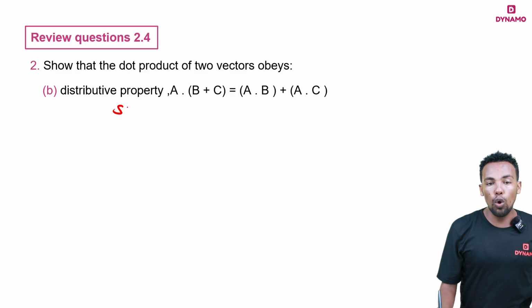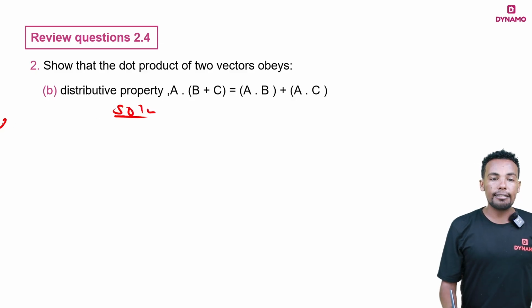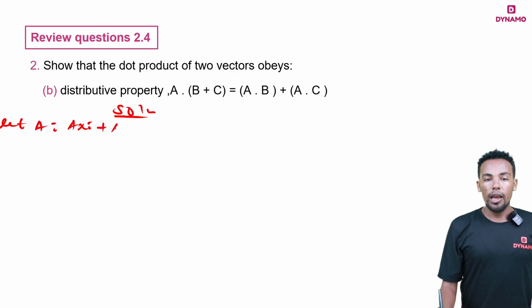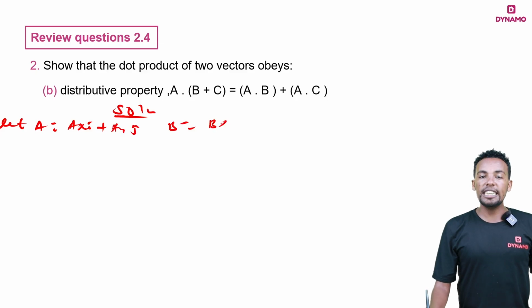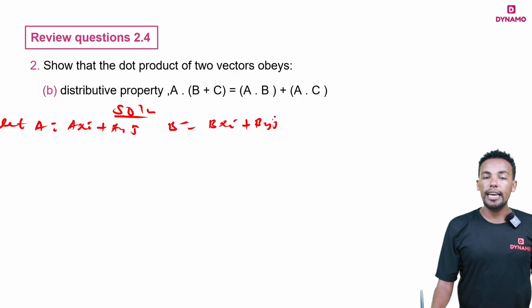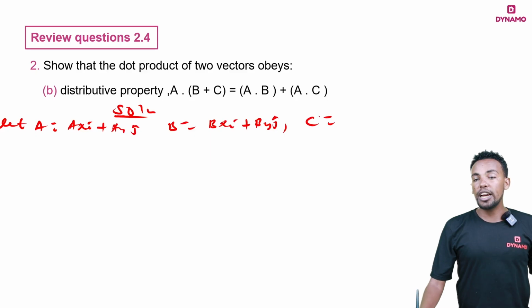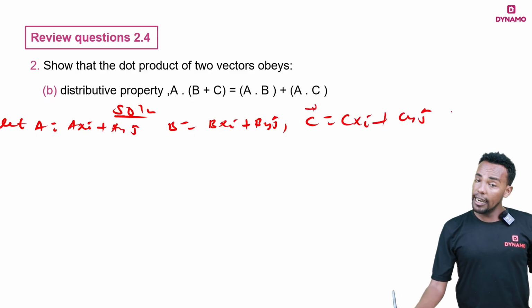Kanaaf solution gaafa jennu maal? Let vector A is AX in I direction plus AY in J direction, B is equals to BX in I direction plus BY in J direction, C is equals to CX in I direction plus CY in J direction.